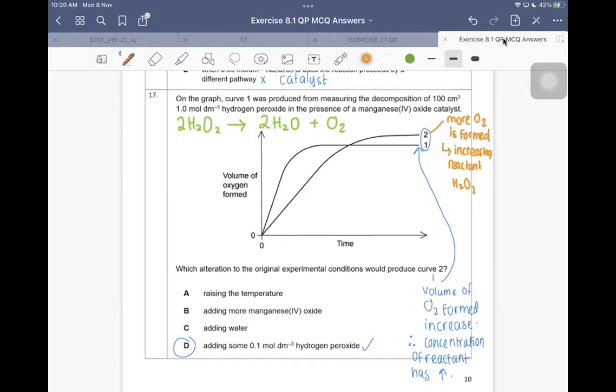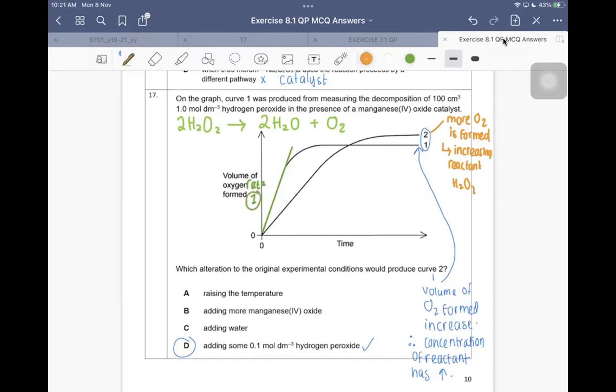Okay, now another thing that you must notice is the gradient. So if you look at reaction 1, I'll use green for that. The gradient, which is the rate of, I'll just write down rate 1, okay?